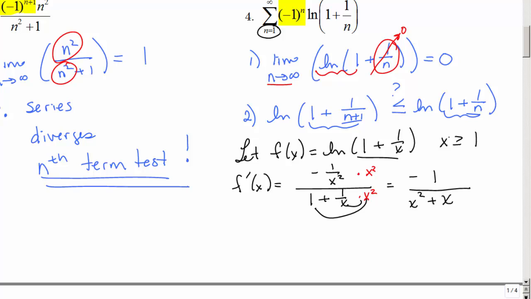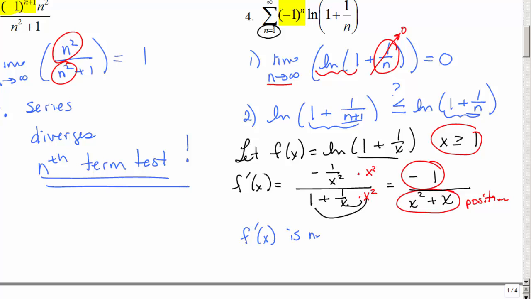Now remember, x is greater than or equal to 1, so that means that's always positive. And negative 1 is a constant, so negative over positive means that this derivative is negative on the interval x greater than or equal to 1.